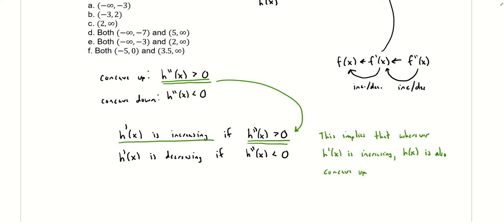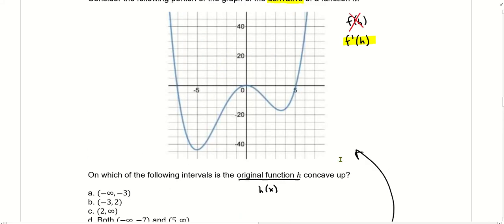So what I'm going to do here is look at my graph and see where my first derivative is increasing. In other words, where my first derivative has a positive slope. So if I go back to my picture here and just trace along, I can see that as I trace down, I have a negative slope in this first derivative until I hit this point. And then I have a positive slope, an increasing first derivative, until I hit this point.